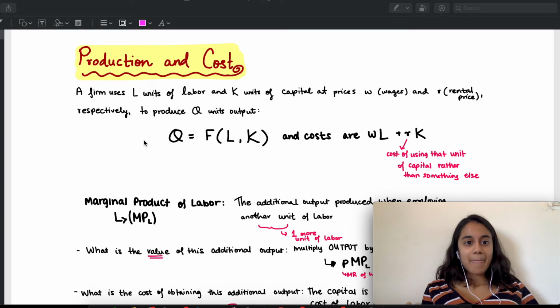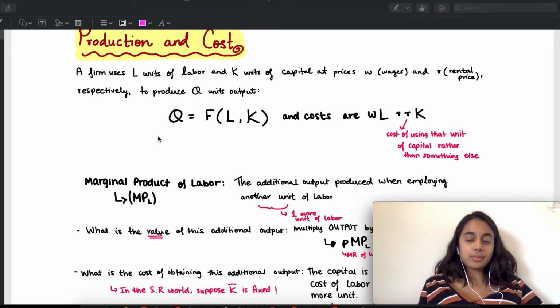So let's get started. A firm uses L units of labor and K units of capital at prices W and R. W is normally wages and R is your rental price, the rental rate of capital.